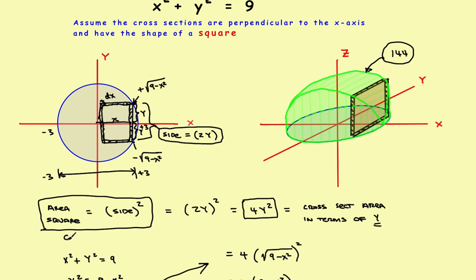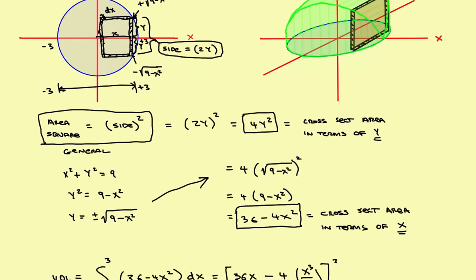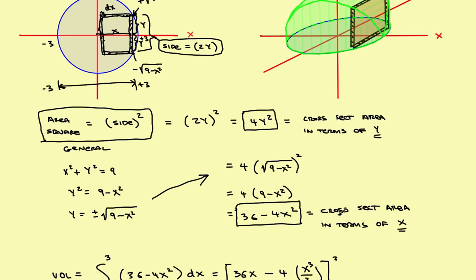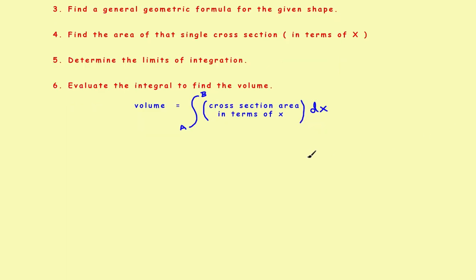And again, this is going to be the general formula, just in the vaguest terms. So it's just going to be the side squared. Then you change that general formula into a specific formula for your problem. First of all, you got it in terms of y. Then you use the boundary conditions to change it in terms of x. So you end up with a cross-section of a single section in terms of x. And then it's just a matter of putting it into this formula. So the integral of the cross-section with respect to x.